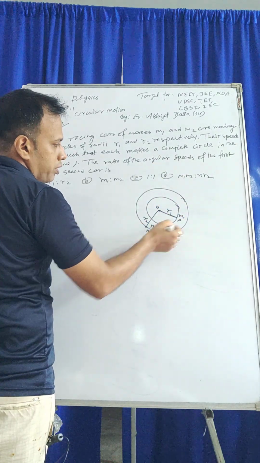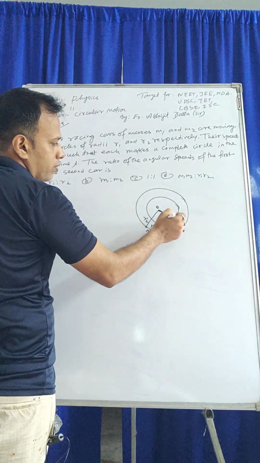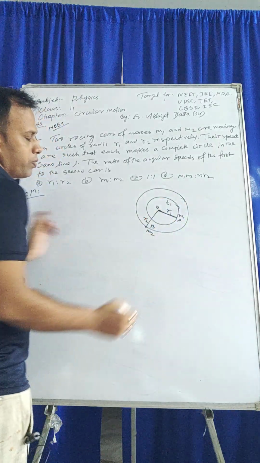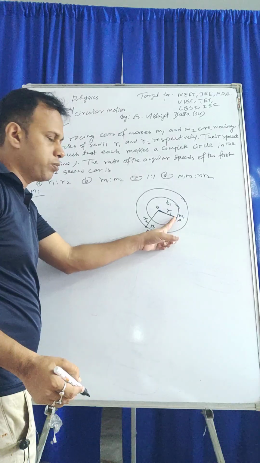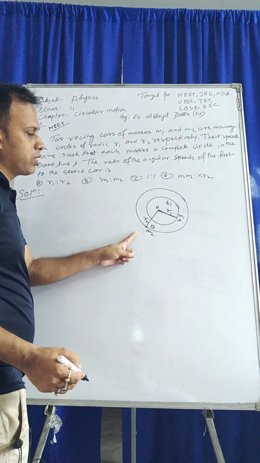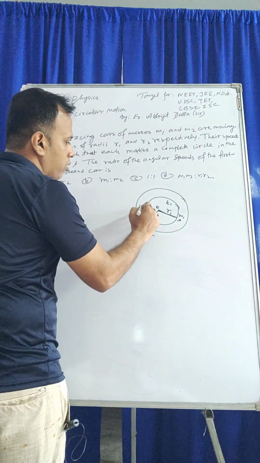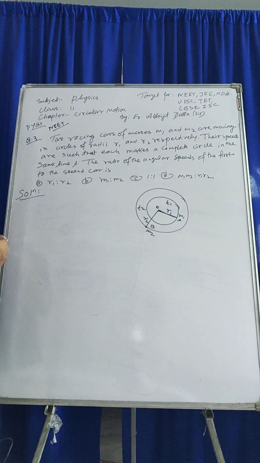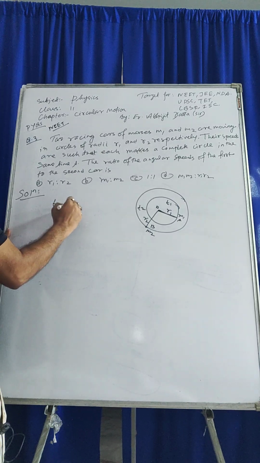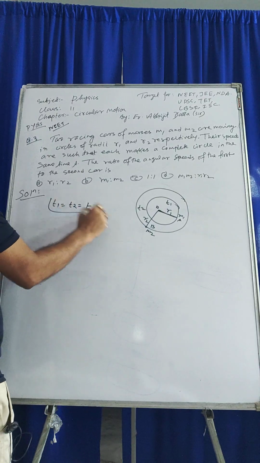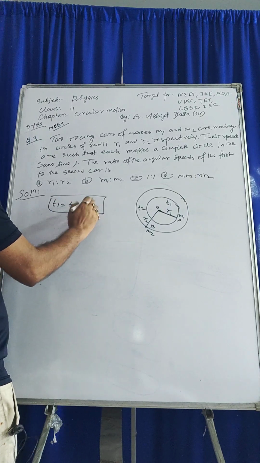The time taken to complete the circle by this car is t1, suppose, and the time taken by the other car is t2. According to the question, the times taken are the same, so t1 equal to t2 equal to t.